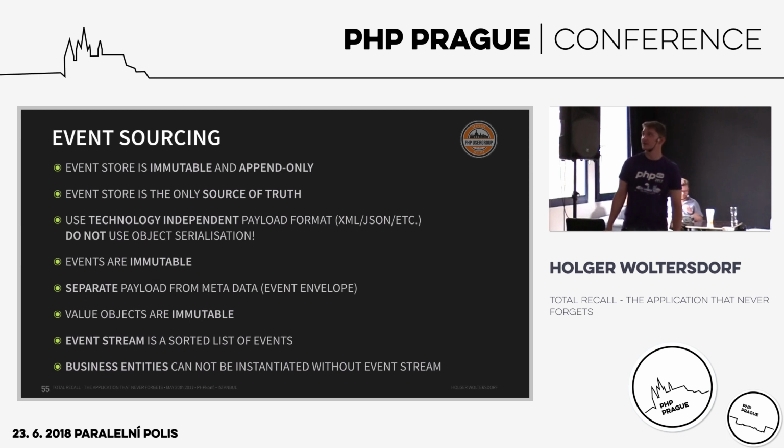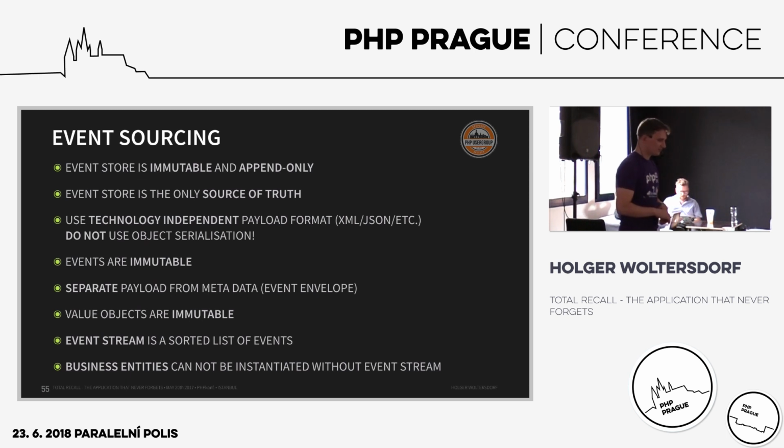Important things about event sourcing: the event store is immutable and append-only. So it's just one table where you add rows at the end. You never change your event store because it's your source of truth. And also, if you think it might be slow, it isn't.